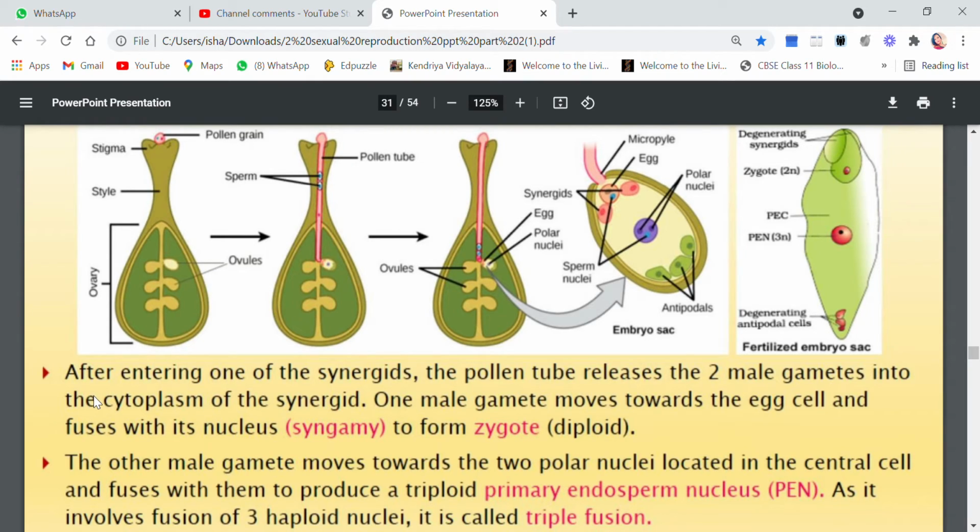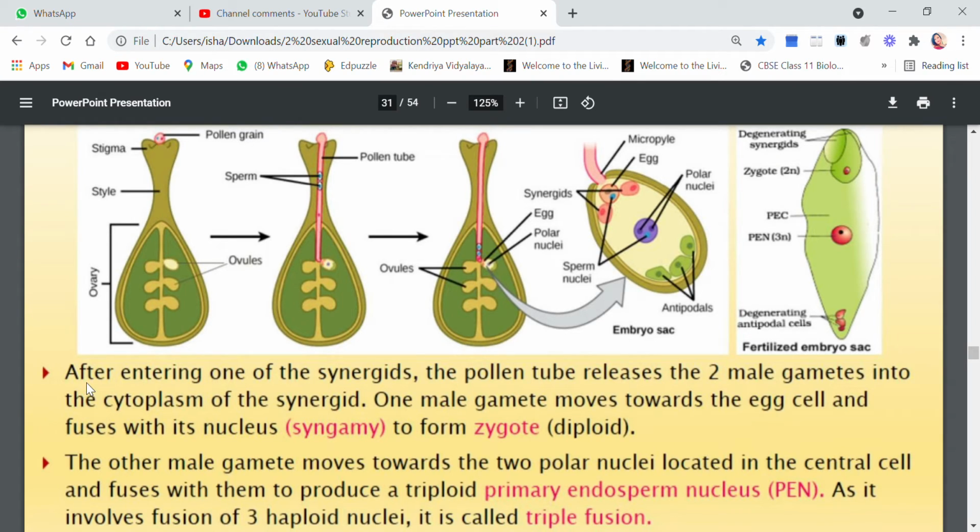And those shed at the two cell stage will again undergo a division and two gametes will be formed. So all in all, flowering plants will have two male gametes which will enter the pollen tube and reach the micropylar end so that they can enter into the egg or the ovule.